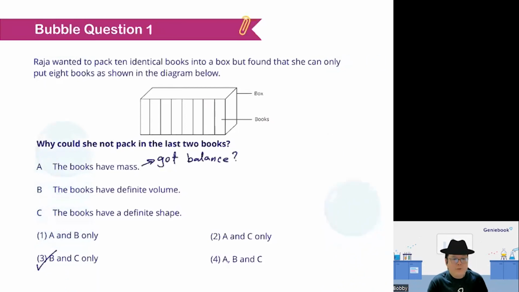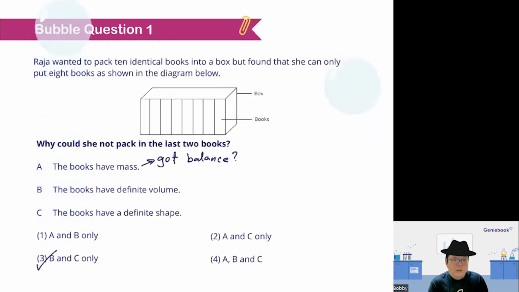Same thing as the previous worked example. Is there any balance in the question or in the experiment? There is no balance. We only know that he's trying to squeeze 10 books into the box. So if that's the case, we don't know if the books have mass. It could be a space book, a book that doesn't have any mass at all. We don't know.